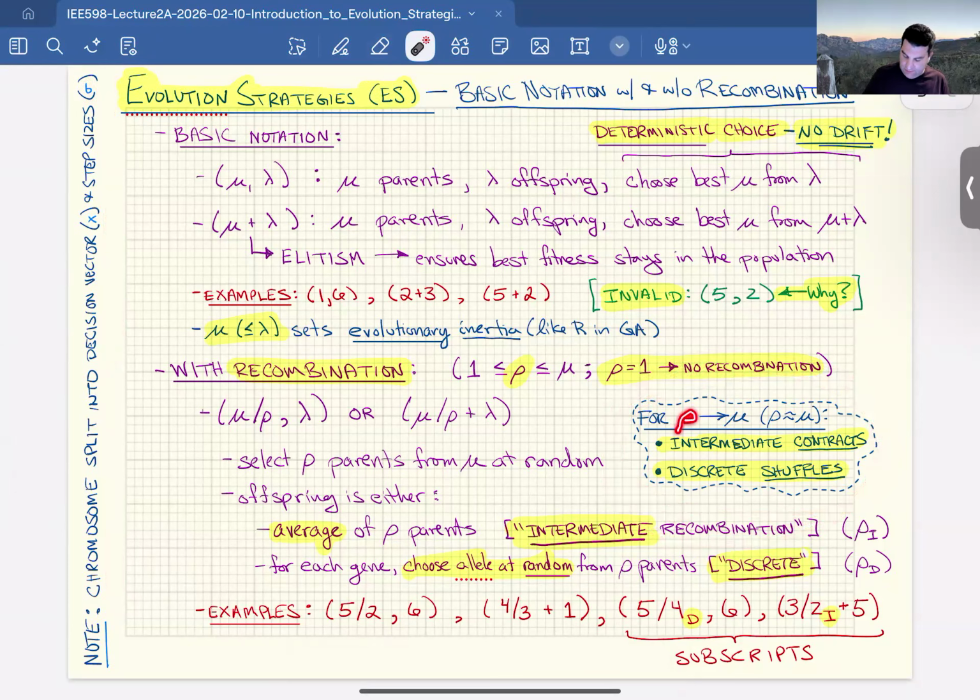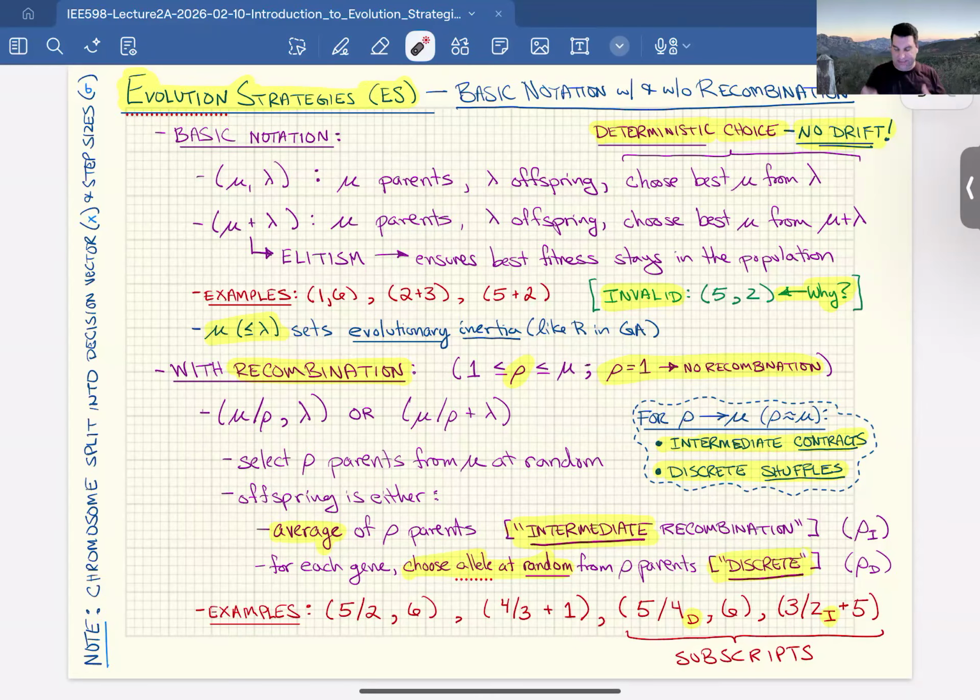As your recombination hyperparameter gets up to your number of parents, what recombination is doing is contracting your population more and more. Remember that in the intermediate, we are literally taking an average.